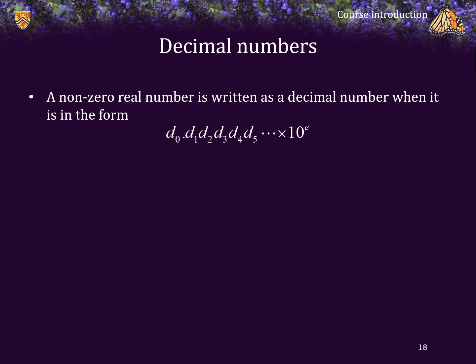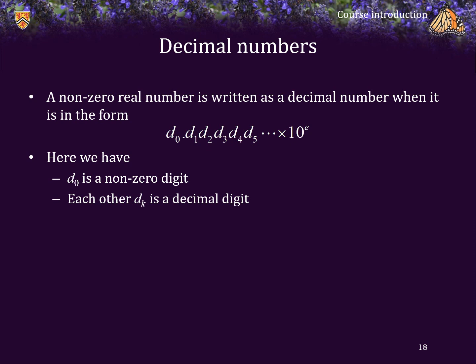Next, let us look at decimal representations of real numbers. A non-zero real number can always be written as a decimal number when it is written in the form we see here. In this representation, we require that D0 is a non-zero digit.